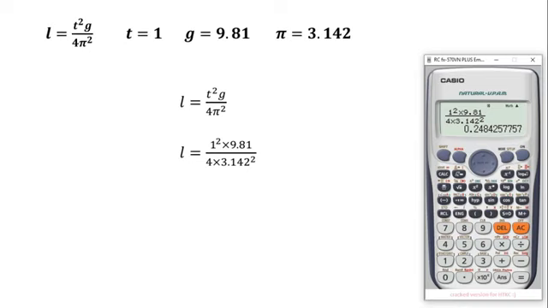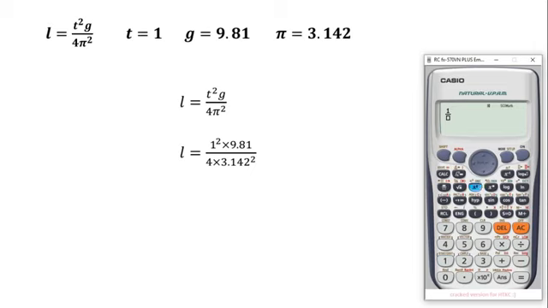Watch once again. Okay, so this is our answer. Now, to use your calculator to correct this answer to 3 significant figures, just press Shift, then Mode, and pick the 7th option, which is the significant figures. It's asking you size 0 to 9, which means how many significant figures do you want? I want 3 significant figures, so I'll press 3. So my calculator is now in 3 significant figure mode. Then I'll press the whole expression once again.